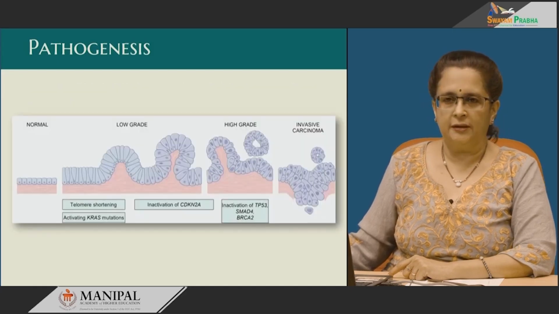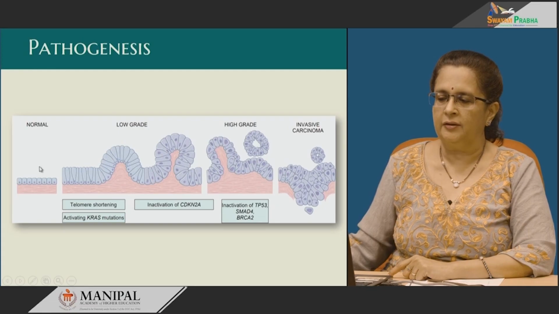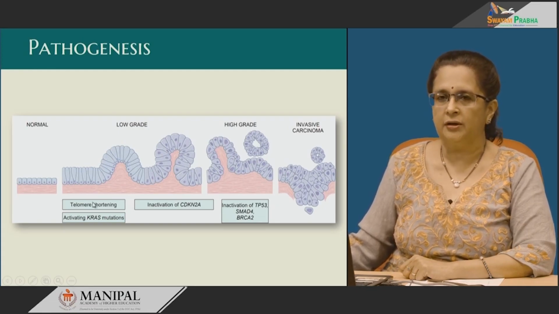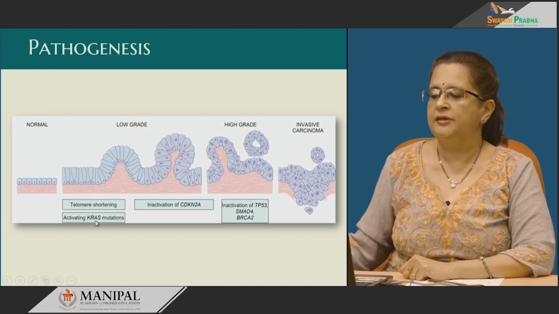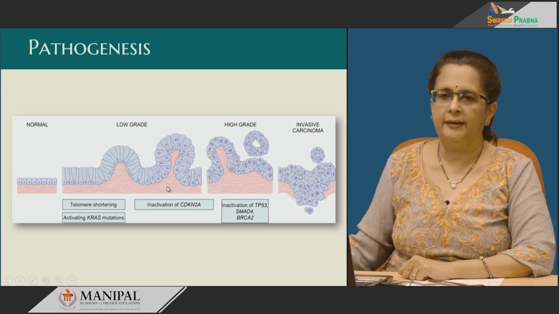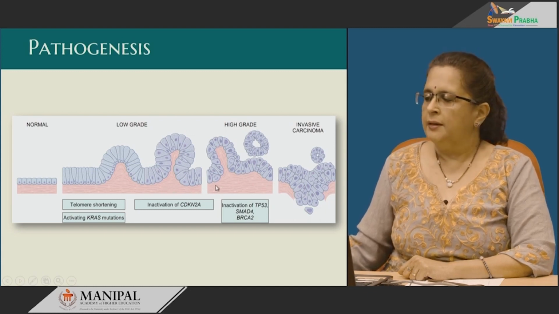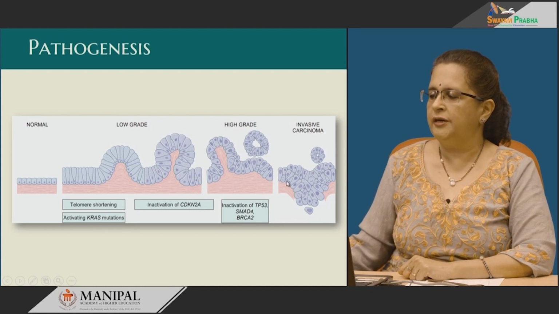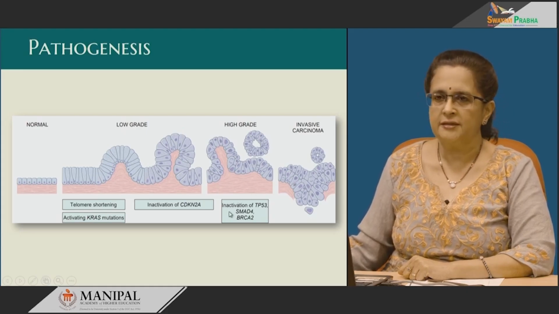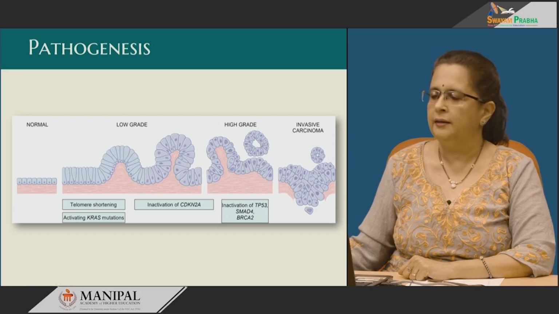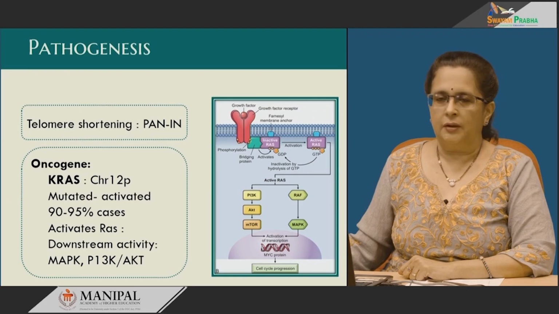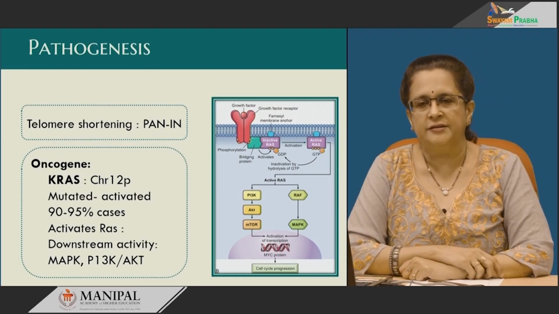So, this picture which we have noted earlier also, we can make out low grade PanIN with telomere shortening, activating KRAS mutations as the initial genetic abnormalities, followed by inactivation of CDKN2A. Then the high grade malignancy, before it proceeds to invasive carcinoma, we get inactivation of TP53, SMAD4 and BRCA2 in predisposed individuals. So, telomere shortening is characteristic of PanIN.